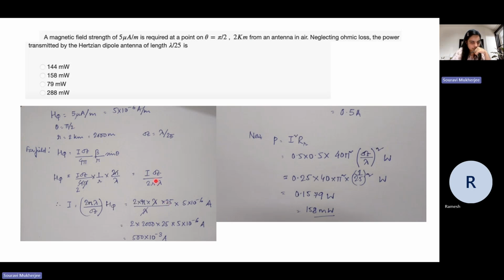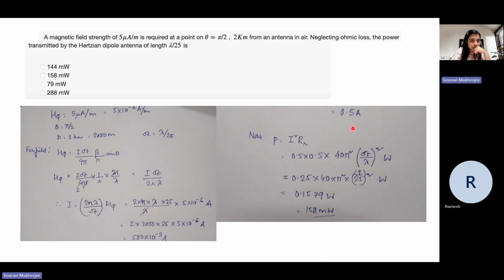In a way, you can simplify it to get a form like this. You want to find the power, and in order to find the power, you need to find the current that is flowing through your antenna. So you want to first find I. From here you can find an expression for I. All these values are known to you. Because delta z is known in terms of lambda, lambda will get cancelled, so you can solve to get your current. So this is your expression for the current that is flowing through the antenna.